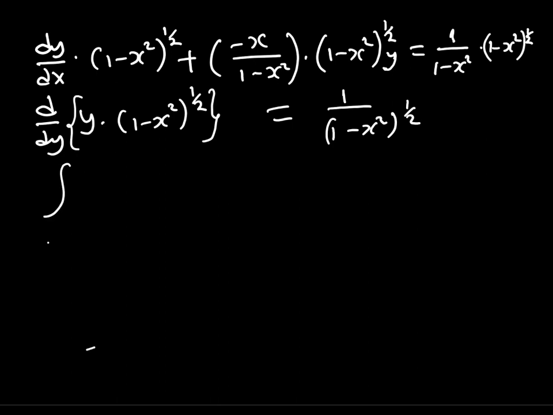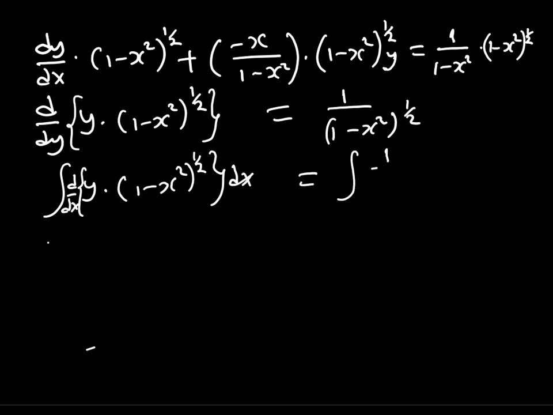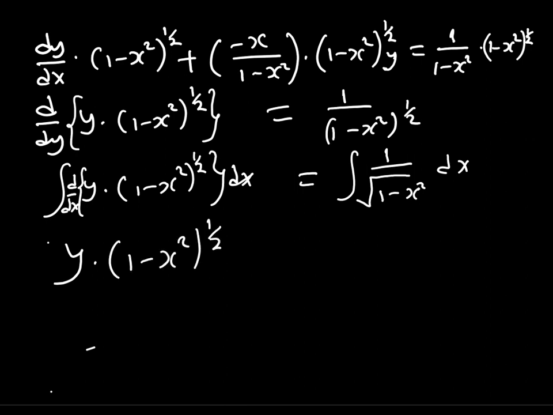So d by dx of y times 1 minus x squared to the power half, with respect to x, is going to be the integral of 1 over the square root of 1 minus x squared dx. Here, this is a standard integral which goes to the sine inverse of x plus a constant.